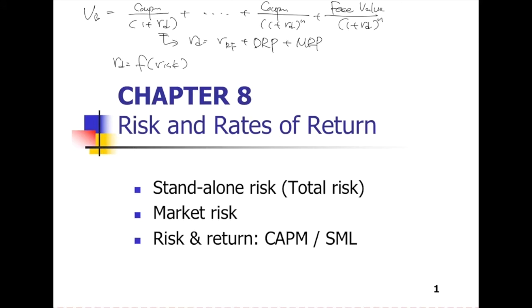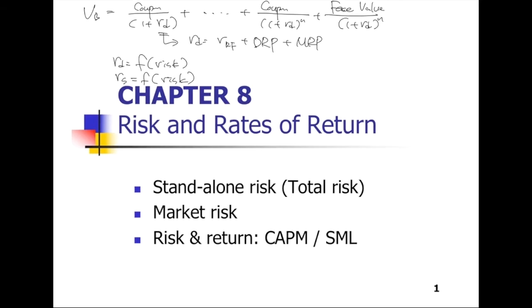So we can pose a question like this: what kinds of risk factors affect RS, the discount rate on stock, or the required rate of return on stock? So for RS, what risk affects it? In this chapter, we will learn this relationship, the risk and the rate of return of stock.